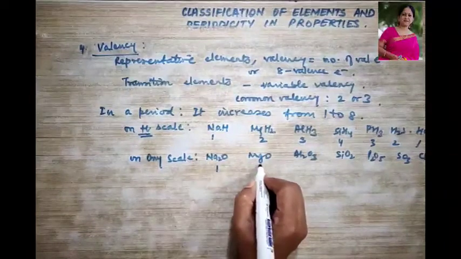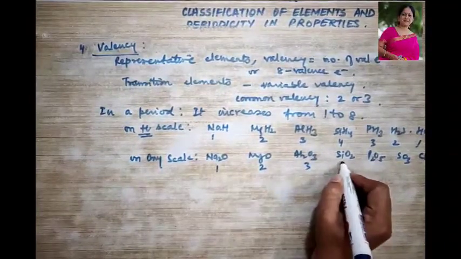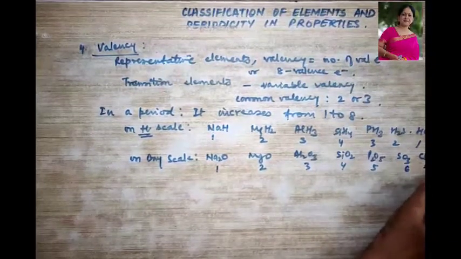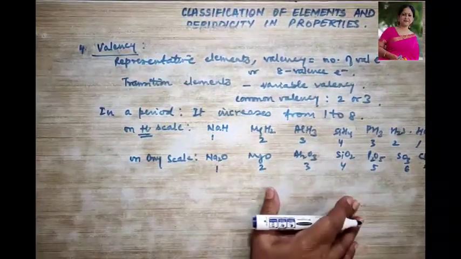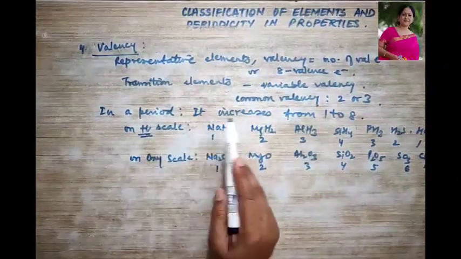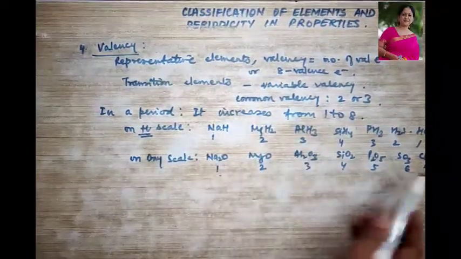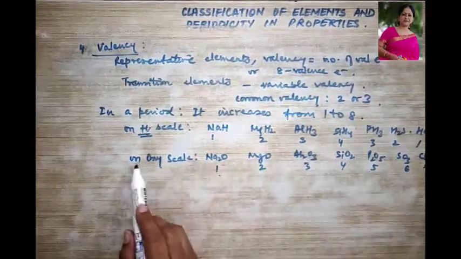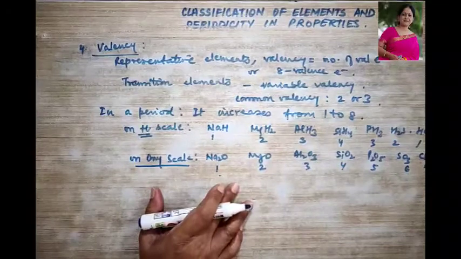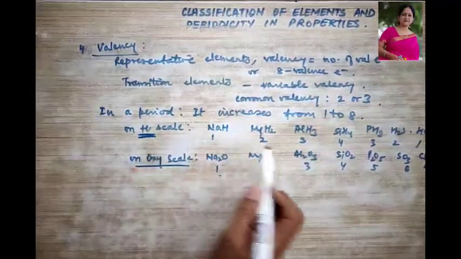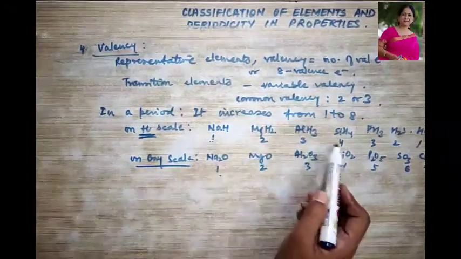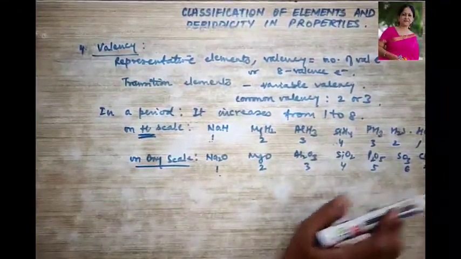It is 1, then 2, 3, 4, 5, 6, 7, and so on. So what did I tell you? That it increases in a period, generally from 1 to 8, which we can also say happens on the oxygen scale. But if we study the hydrogen scale, the valency first increases from 1 to 4 and then decreases to 0.